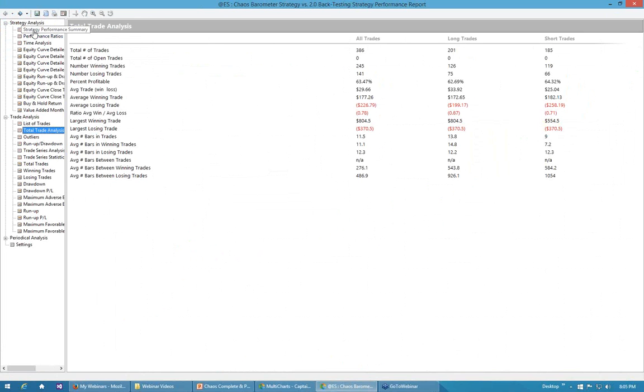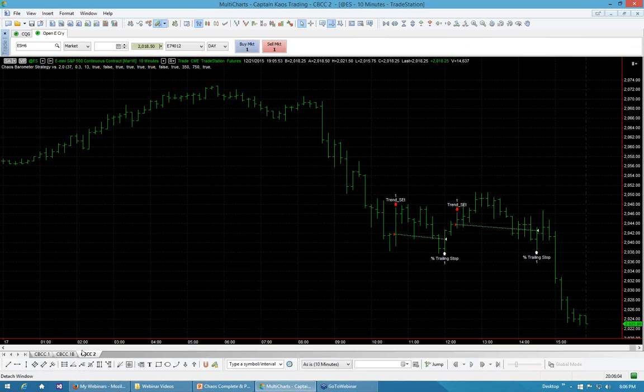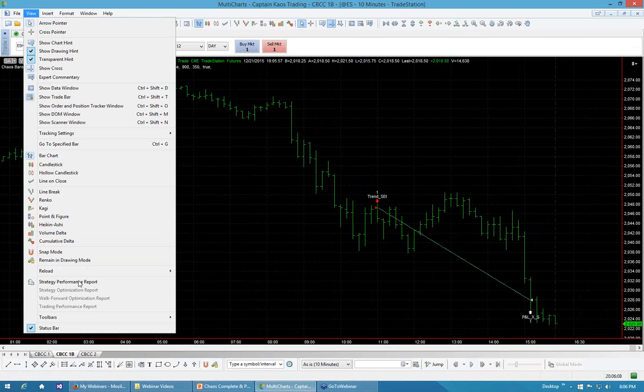If we look at our strategy performance overall, we have an account size required of 2,500, maximum strategy drawdown at any given time, including open trades, 2646. And we're getting a good annual rate of return, 286.49%. Now that's not as high as the other one, if I recall correctly, but I'll take it any day.